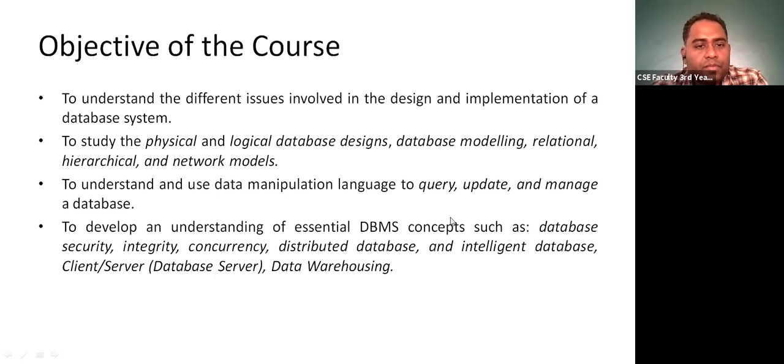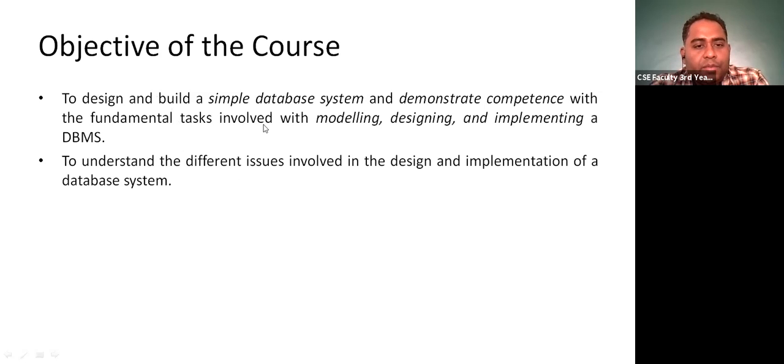Next, to design and build a simple database system. In the second unit, you will be able to design a system when I'll be explaining all about the entity relationship diagram. I'll be giving you some tasks where you will be able to design some database management systems.